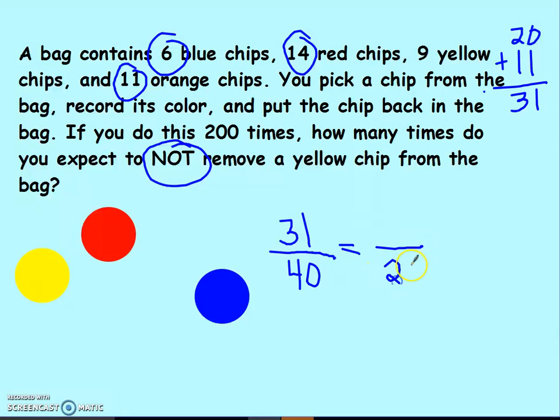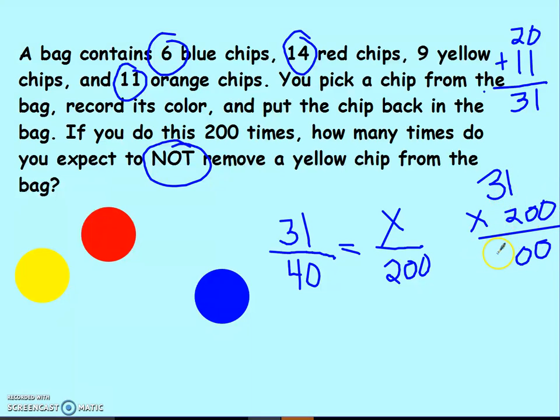Okay, we're going to do this 200 times. I can't really simplify the diagonal, so we're just going to have to do the cross product rule. So 31 times 200. Bring down your zeros. 2 times 1 is 2. 2 times 3 is 6. So we have 6,200 divided by 40.